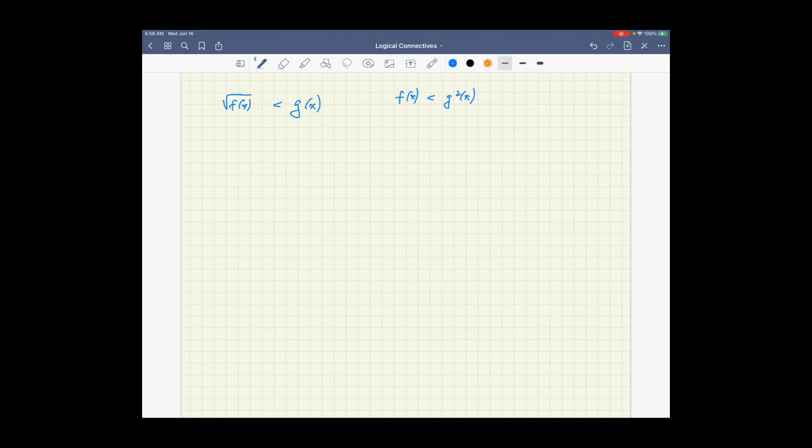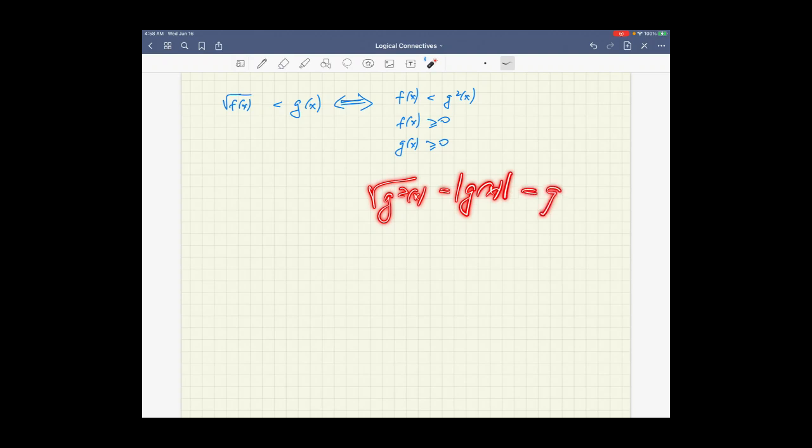So you must necessarily assume that both f and g are non-negative. The non-negativity of g, again, is needed to get rid of the absolute value when you take the square root of g squared, right? Because g is non-negative, the absolute value of g equals g.